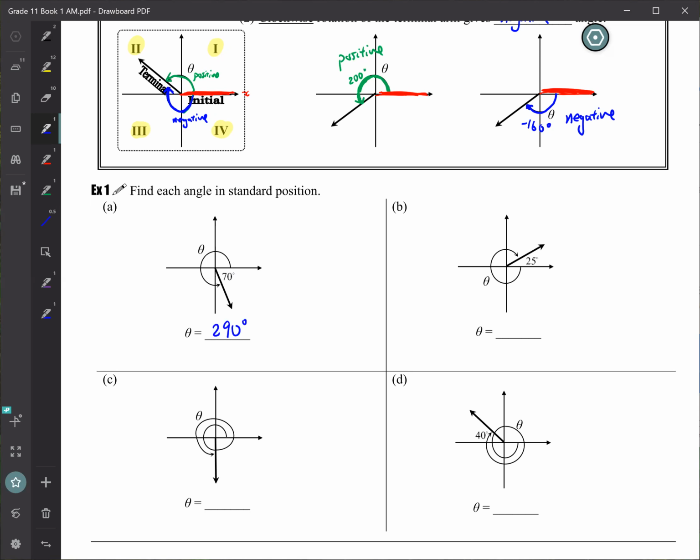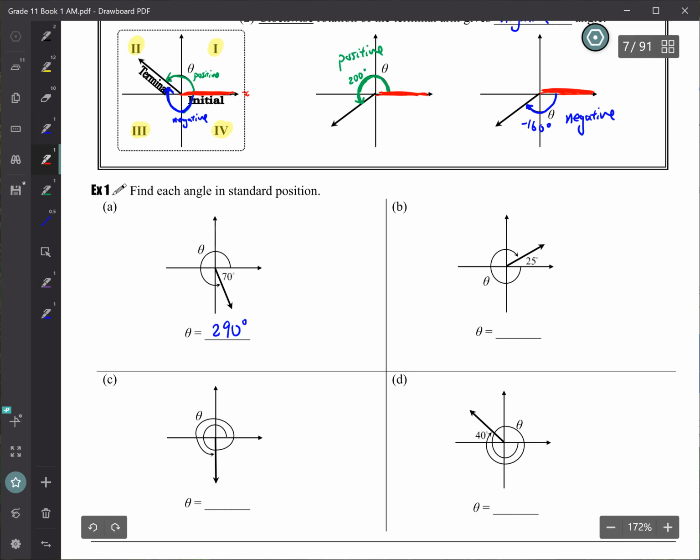So it'll be positive. Okay, so the number that they give you is talking about the angle in between, right? But you are interested in the curved line, how much it turned.